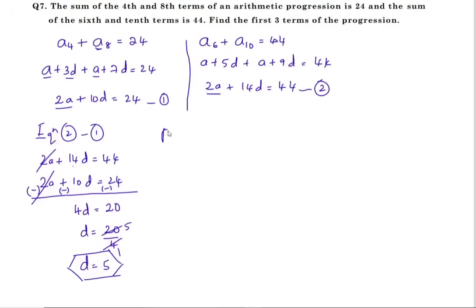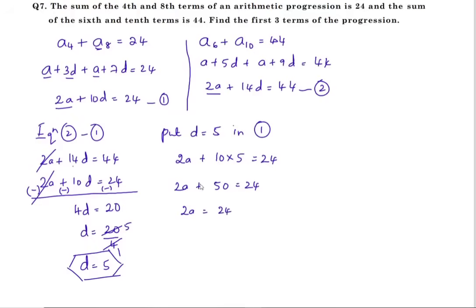Put D equals 5 in equation 1 or 2. I'll put it in equation 1. What do I get? 2A plus 10 times D, 10 into 5, equals 24. 2A plus 50, 10 fives are 50, equals 24.